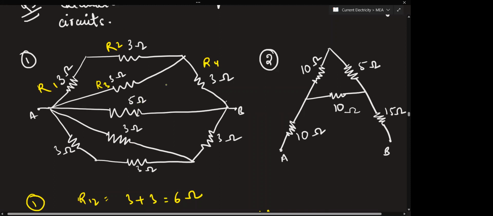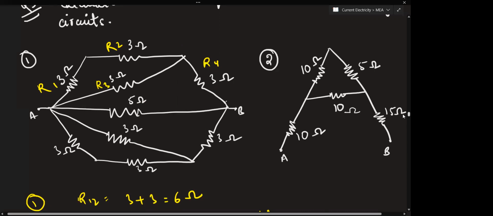If you have seen the first half, the answer for the second part will be the same. Try it again. 3 plus 3 will give 6 ohm. 6 ohm with 3 ohm in parallel gives us 2 ohms. Then 2 ohms in series with 3 ohm gives us 5 ohm again. So this is 5 ohm, this is 5 ohm, and this is 5 ohm.